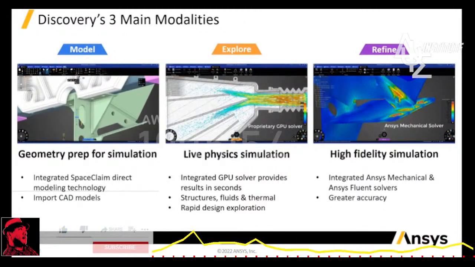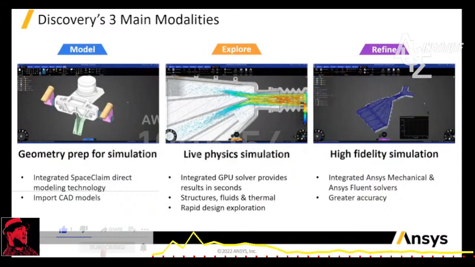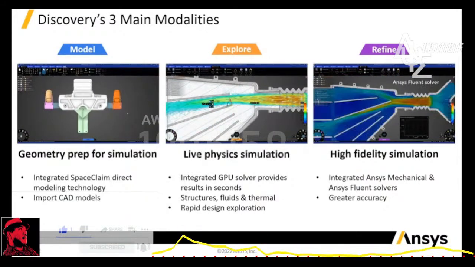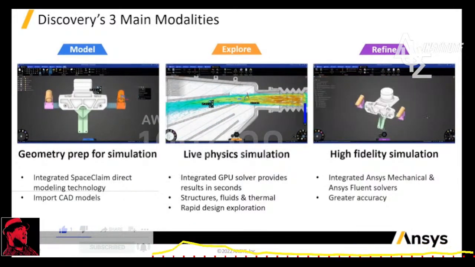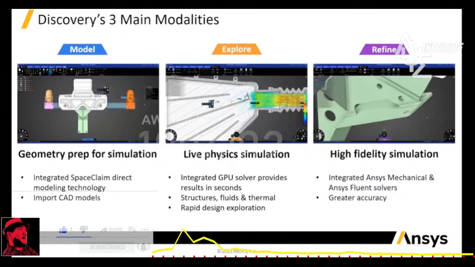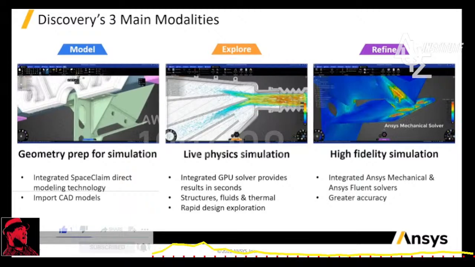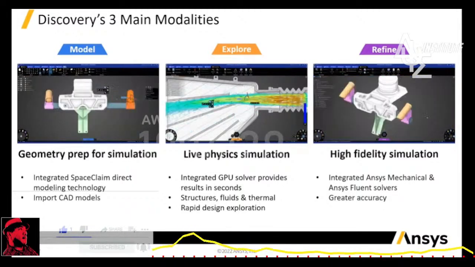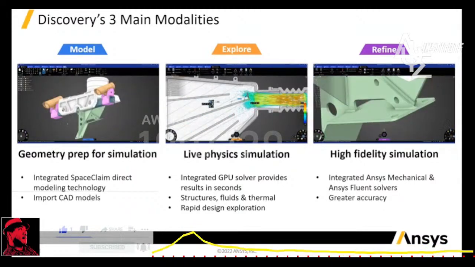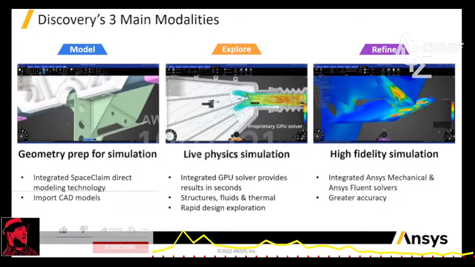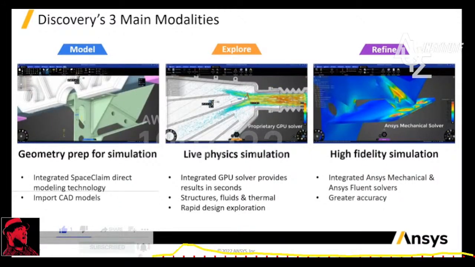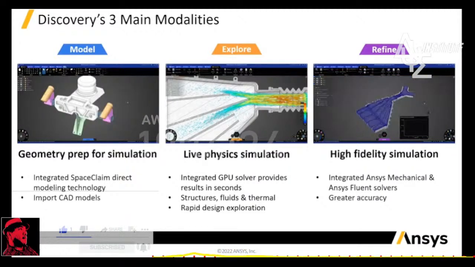You can either prepare this within our tool Discovery, or you can import it from different CAD files from third-party suppliers. Now in the center, we have the Explore mode, which gives you instantaneous results where you can run a high-fidelity simulation, which runs on the CPU solvers that you're familiar with from Mechanical and Fluent, for instance.